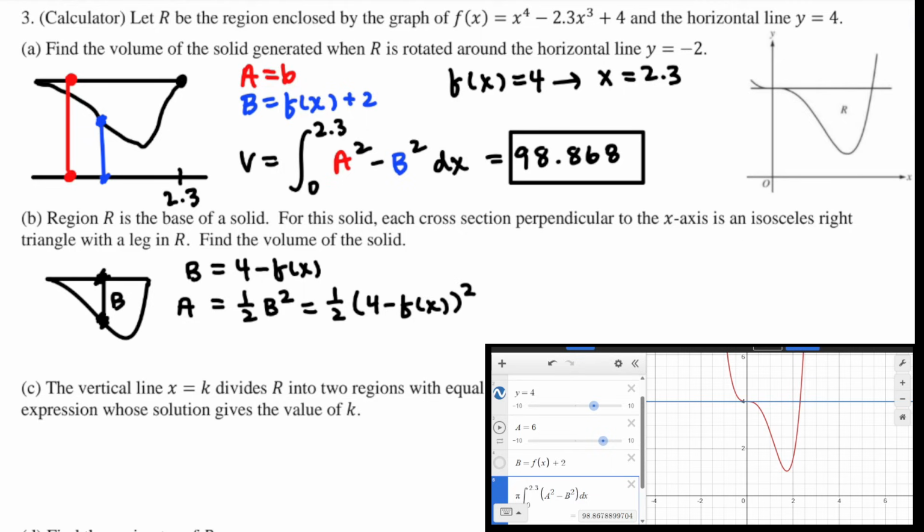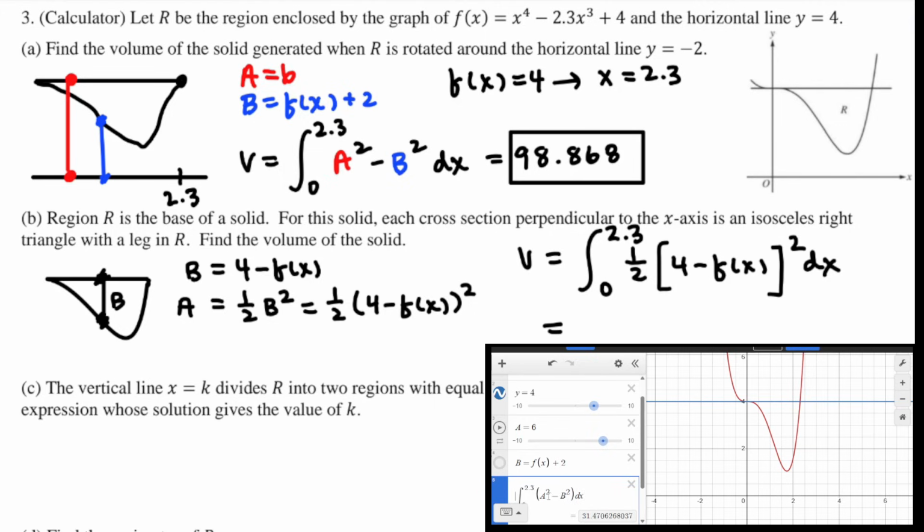We want to integrate that area formula to get the volume. So I'm going to say that volume equals the integral from x equals 0 to x equals 2.3, still the same. The area formula was 1/2 of base squared, so 4 minus f of x taken to the second power, and we can type that into the calculator.